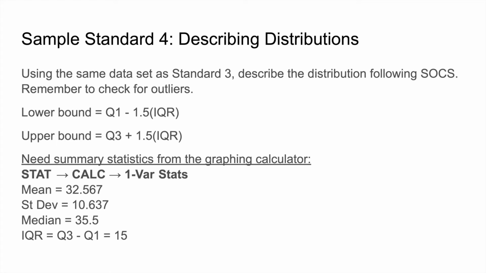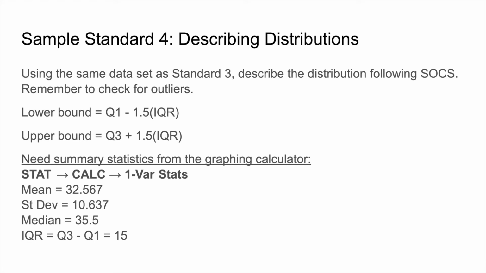When you are describing distributions, you're either going to be talking about symmetric data or skewed data. If your data is roughly symmetric, you're going to be using the mean and the standard deviation for your center and your spread. I'll say that again. If your data is symmetric, you're going to use the mean and the standard deviation to talk about center and spread.